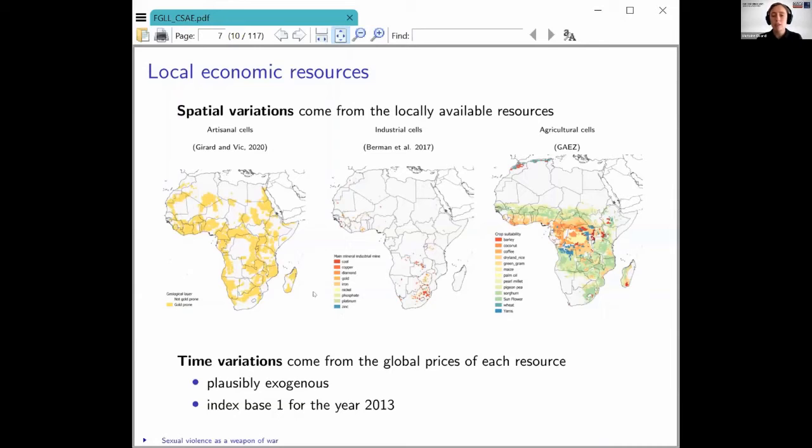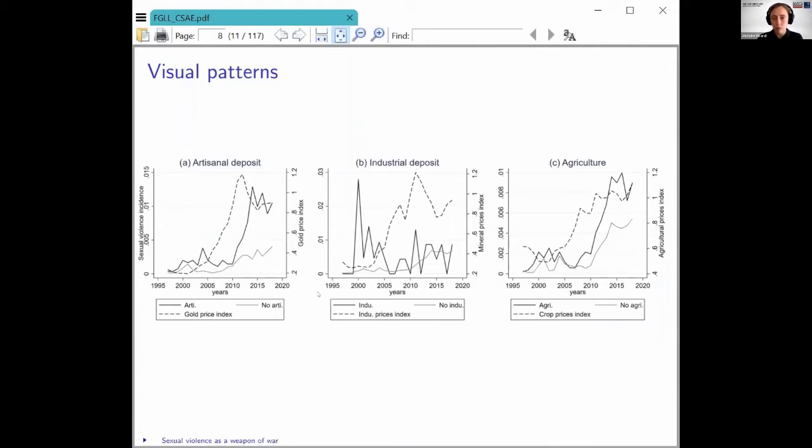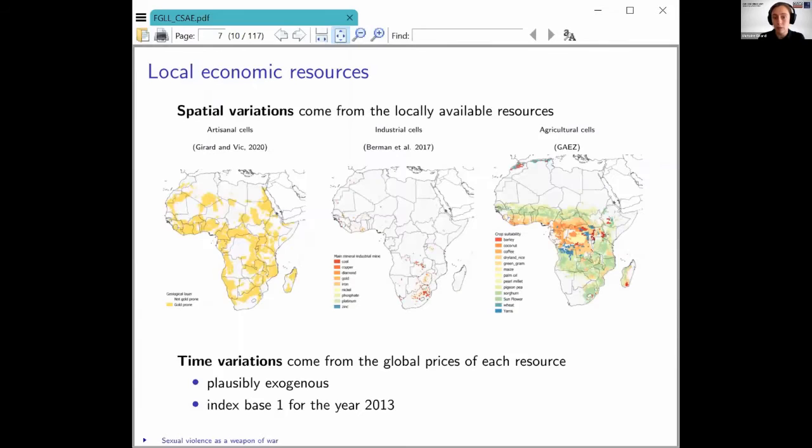If we put all this data together in a very raw first overview, we obtain the following graphs. Looking at the left panel, what it shows us is, here in gray, the incidence of sexual violence in cells that do not host artisanal mining, so all the cells that were in white on that map.